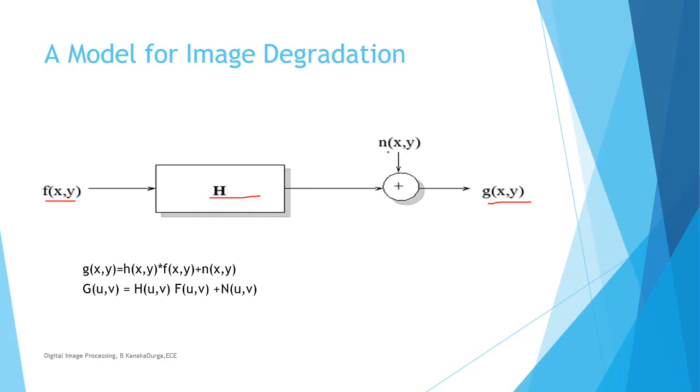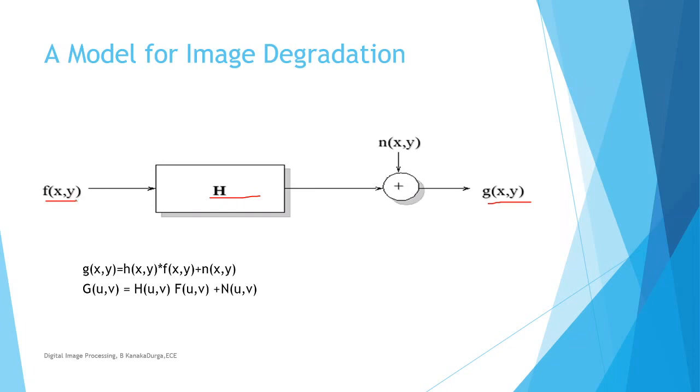And the noise n of x comma y is added in the medium, like in the channel. That's why we consider it an additive property. At last we estimate the degraded image.